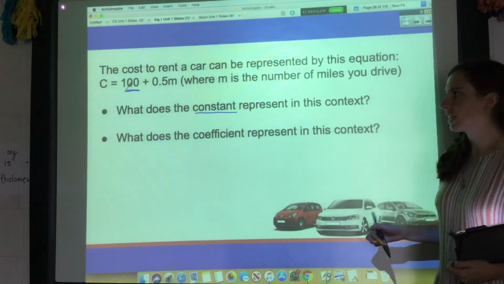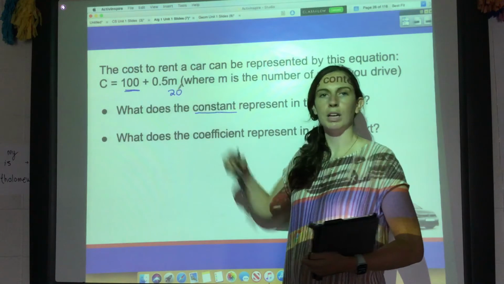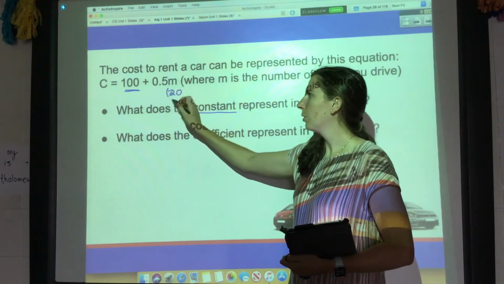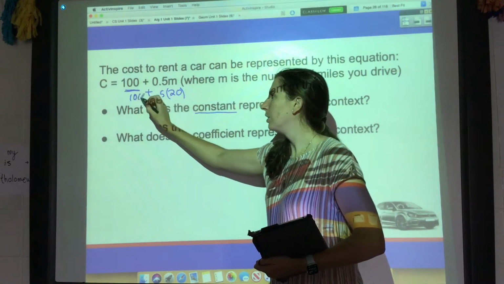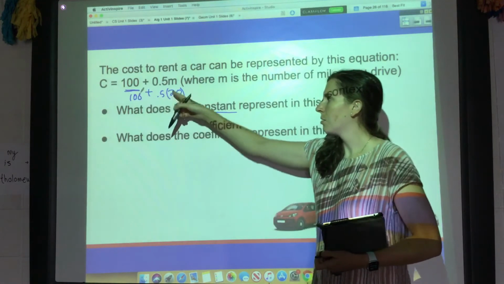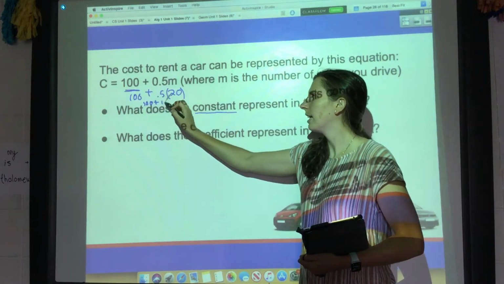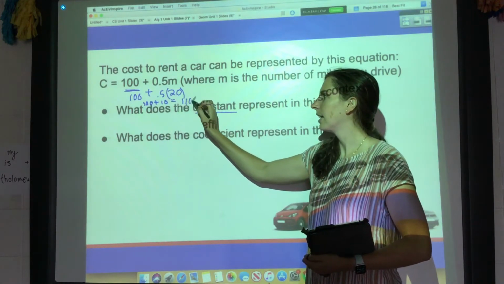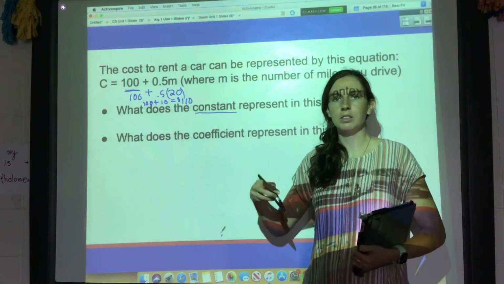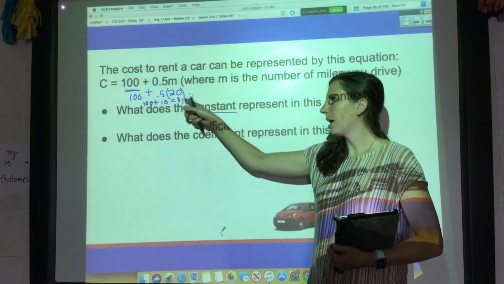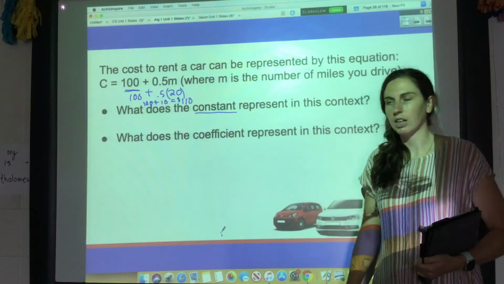For example, if I drove 20 miles, I put 20 in for M, what would happen? I would do 100 plus 0.5 times 20, or 100 plus 10, which is 110. That means if I drove 20 miles, I would have to pay $110. That would be the cost to rent the car.